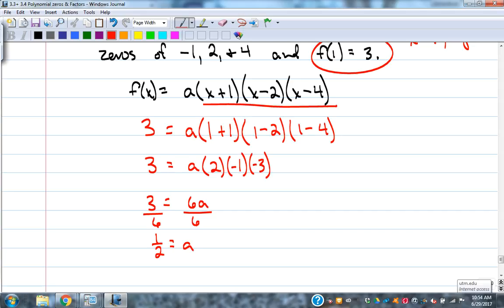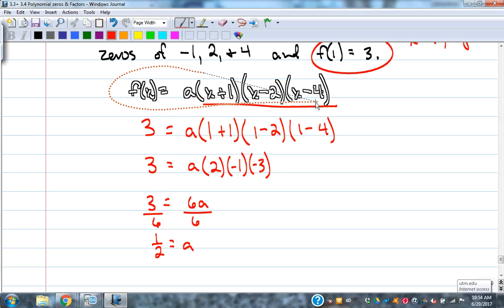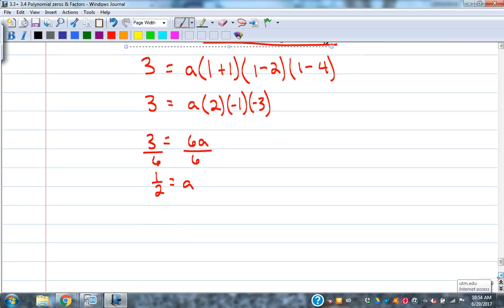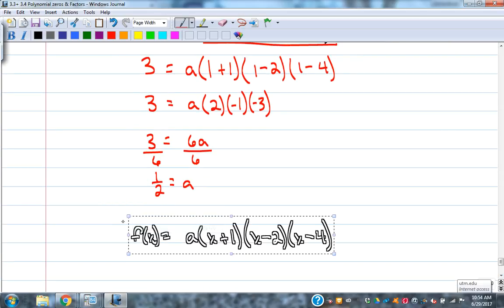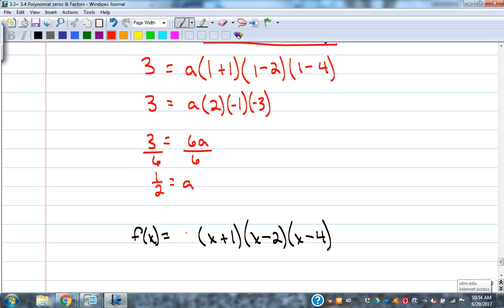Good to know. So that means I can go back up here to this spot, and I'm going to copy this. And instead of putting a, I can now change that a to a 1/2, because I know it's 1/2.